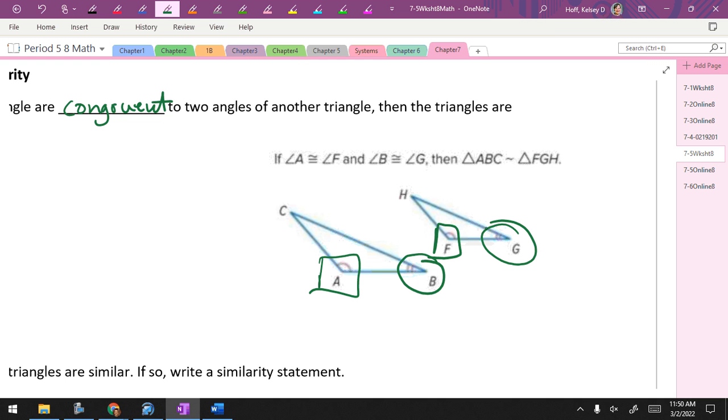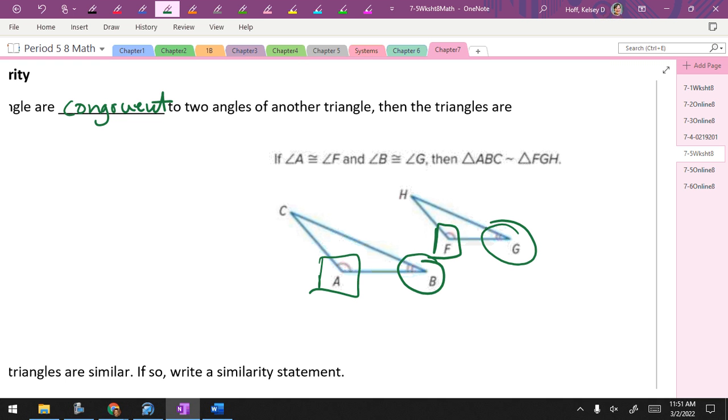What information have we learned previously this year that you can guarantee me, because of this rule, I know that C and H are the same? Gallon? That doesn't, but your dilation doesn't change your angles. I'm trying to determine or prove that I know C and H are equal.